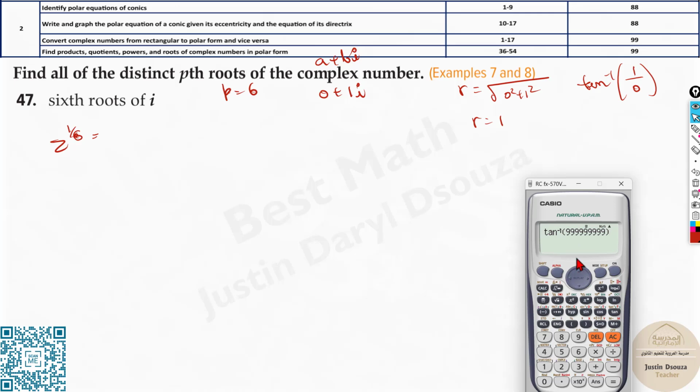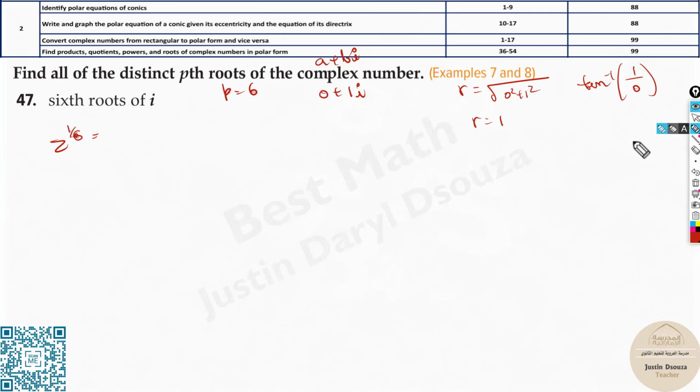If I take a very huge number here, you will get pi by 2, because 1 by 0 in itself is infinity and it cannot be processed in the calculator. But tan inverse of any huge number is pi by 2. So you can just use your calculator and find it out, okay, whenever you get this form. So we know it's pi by 2 now, or you can just memorize tan inverse of infinity is pi by 2.